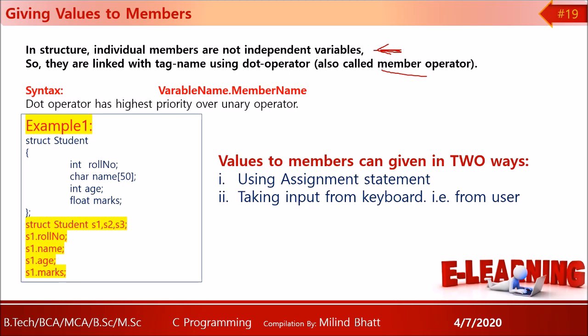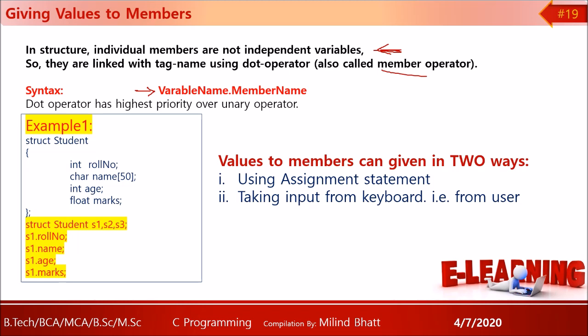Now I want to access the internal members of this S1. So what do I have to do? I have to call them in association in this particular way: variable name dot member name. The variable is S1 dot roll number, S1 dot name, S1 dot age, S1 dot marks.